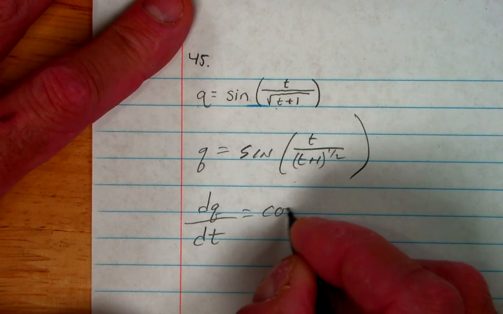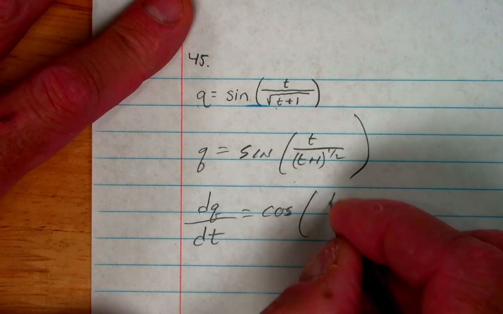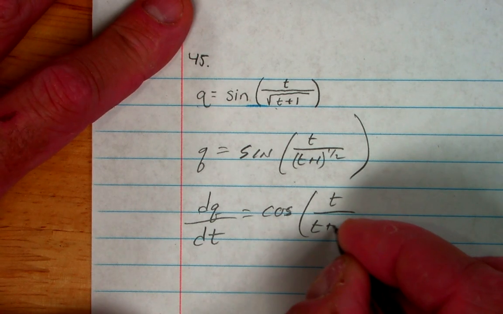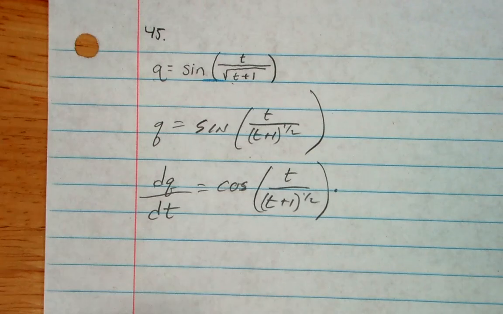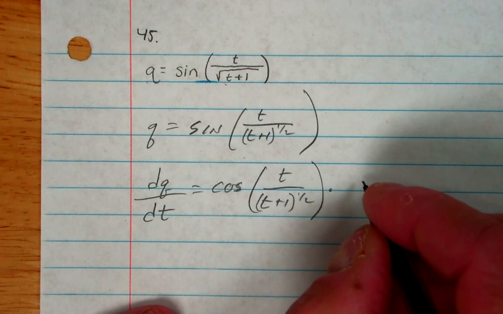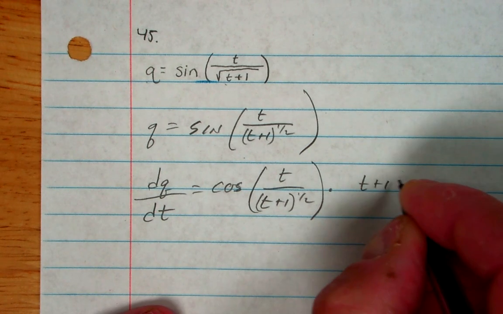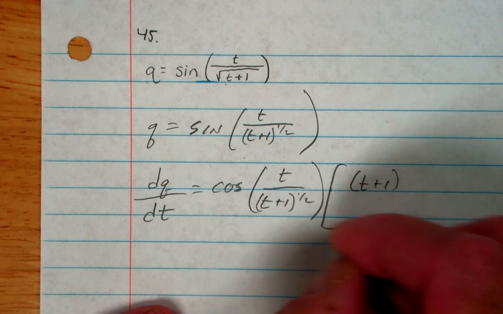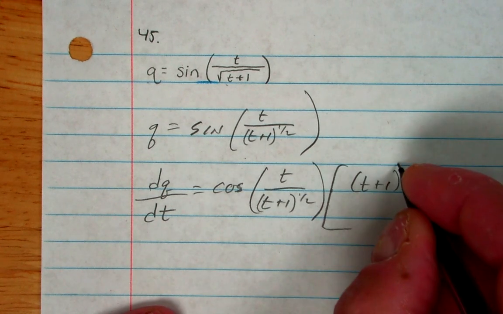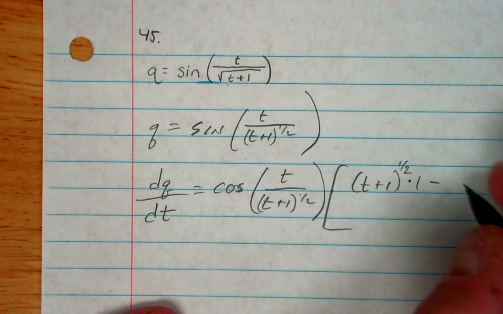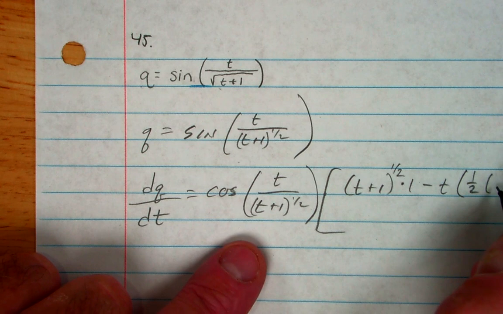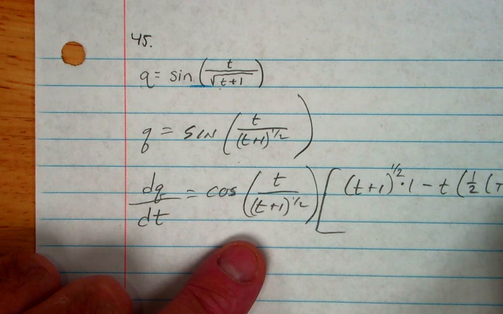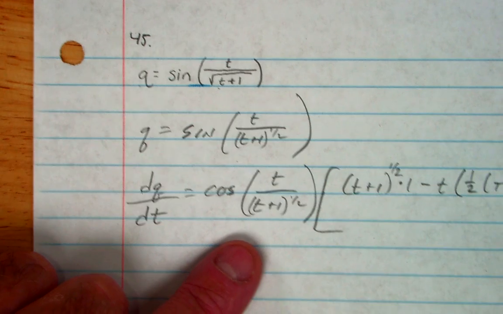So cosine of this whole ugly thing times low d high minus high d low times the nested function, which is just 1.